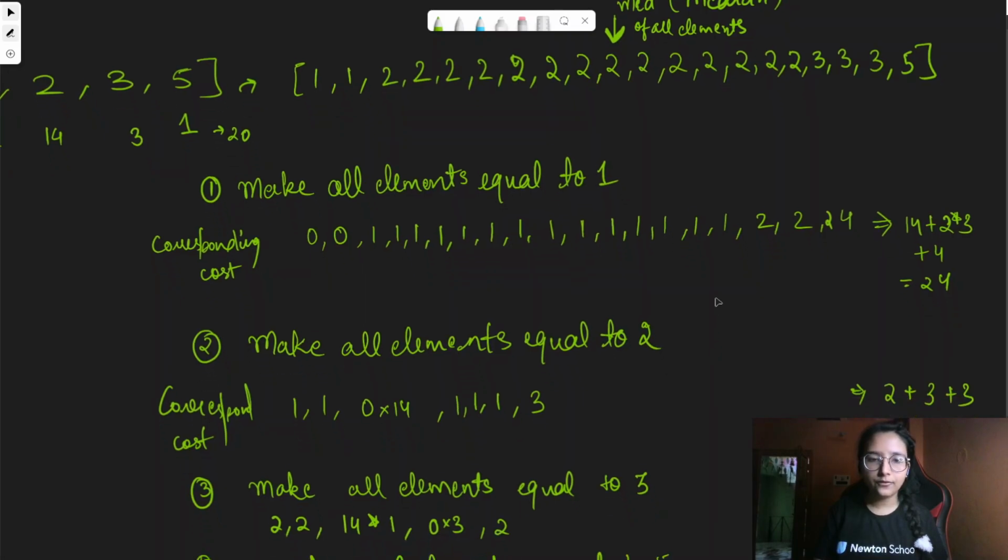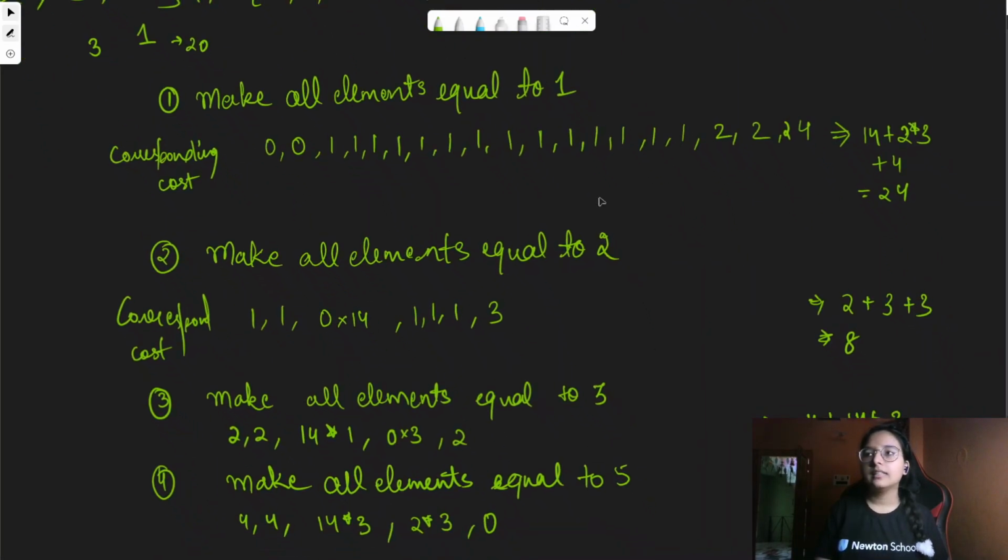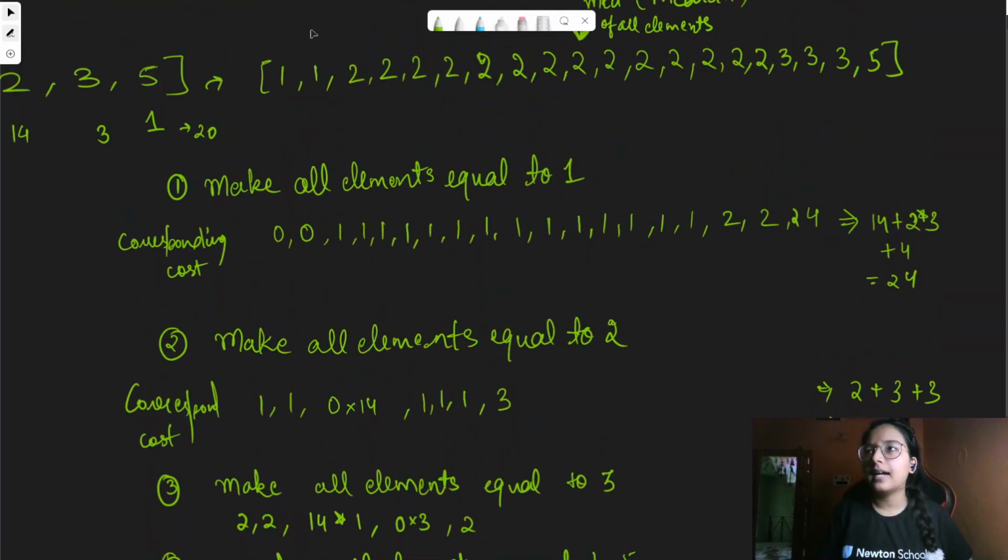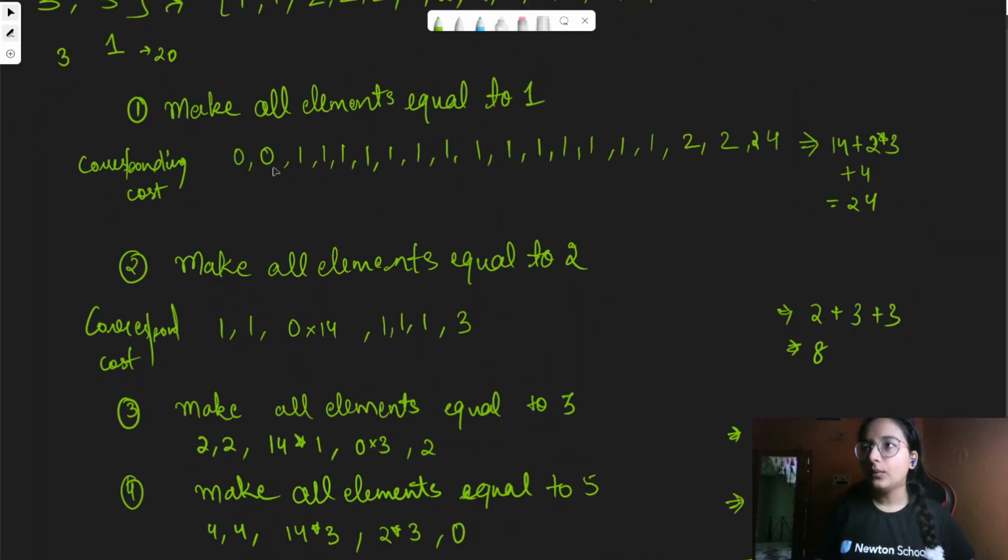And now comes the part that let us check one by one that if we make all the elements equal to 1, because here starting we are having 1, right? So if we make all the elements equal to 1, so here it would be 0 and all the 2's will correspond to 1, right? And 3 would be corresponding to 2 and 5 will be corresponding to 4, right? So we will be getting 24.